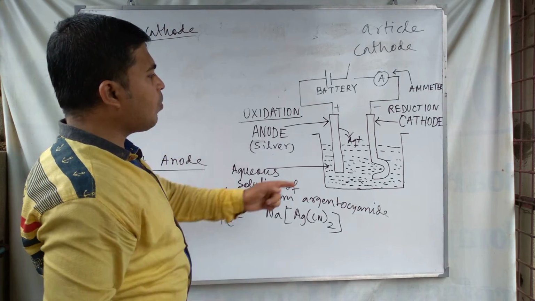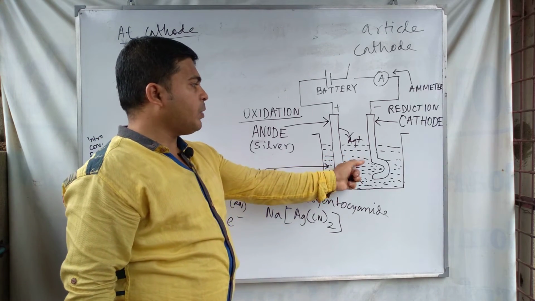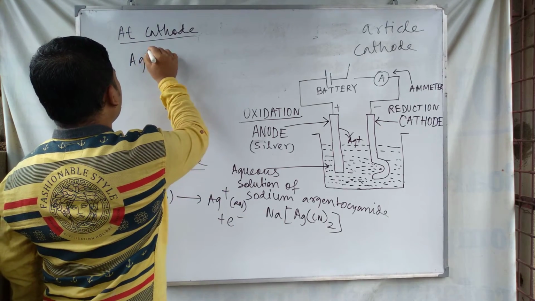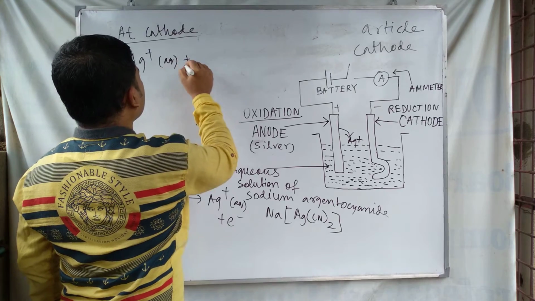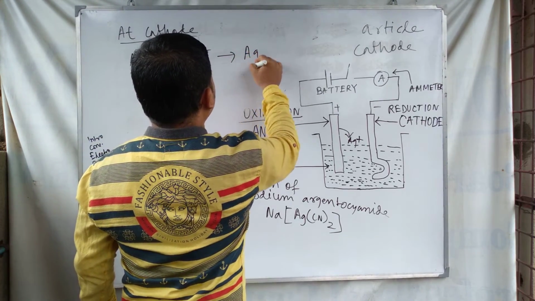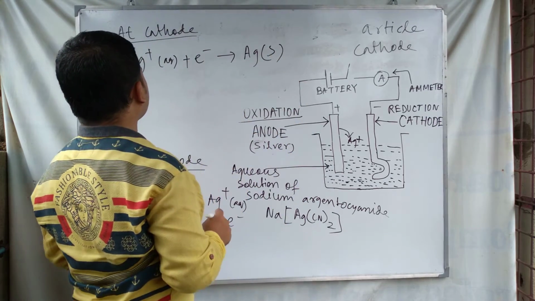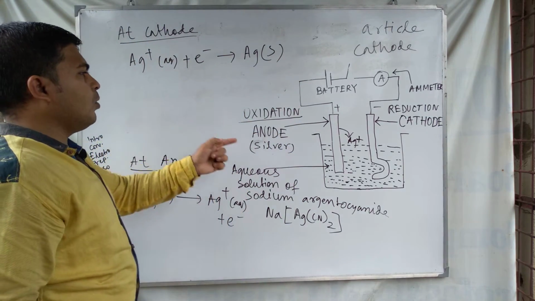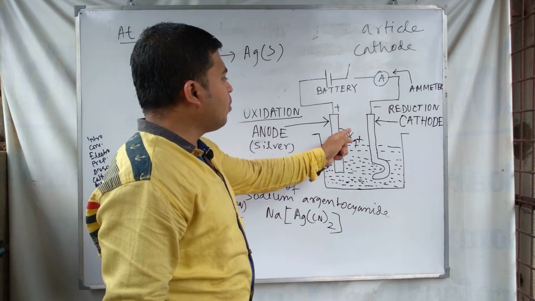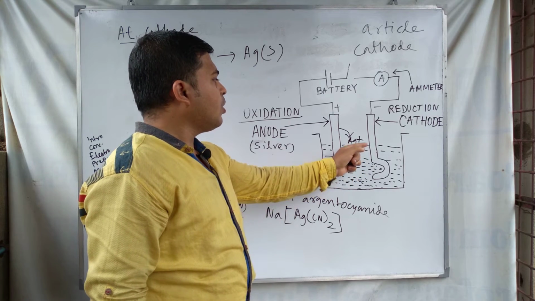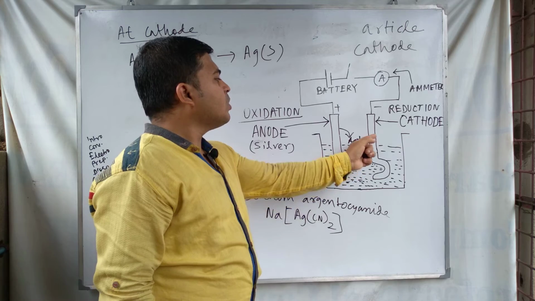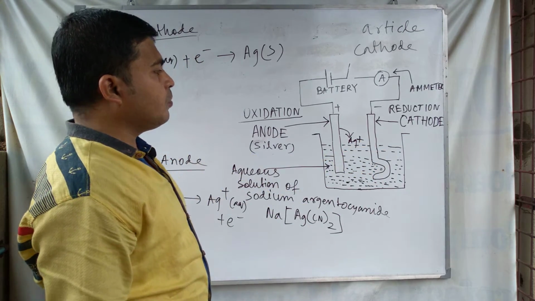And at cathode, this silver plus ion that is present in the aqueous solution of sodium argentocyanide, by receiving one electron, becomes solid silver. So at the cathode the silver plus ion, by receiving one electron, becomes a silver metal atom, and this silver is deposited on the brass spoon.